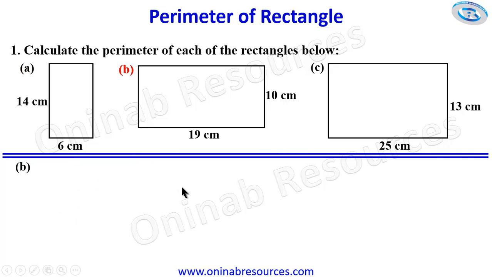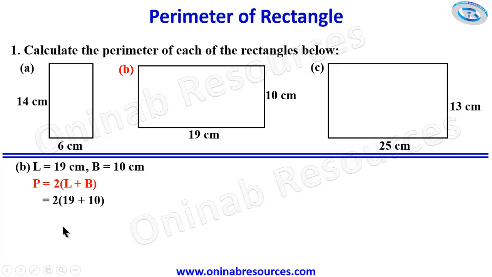So we go to B part of the problem. We also bring out the length to be 19 centimeters, the breadth to be 10 centimeters. So our perimeter is 2 into (L plus B), finding the sum of the length and the breadth and multiplying the sum by 2. So we have 2 into (19 plus 10). 19 plus 10 is 29.